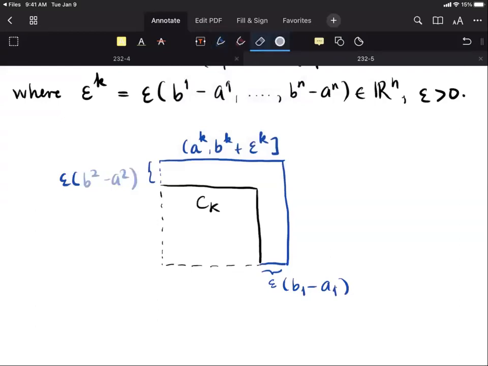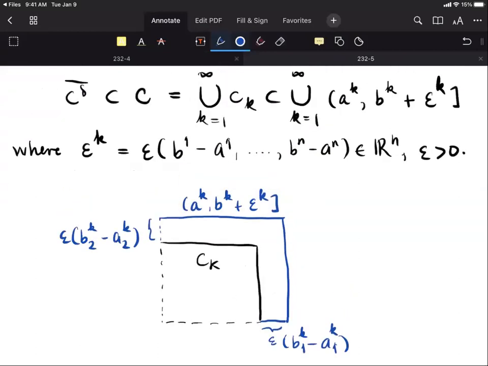So I messed up with the superscript. This should be a subscript for components. So this must be B1k minus A1k. Therefore, this should be B2k minus A2k. And let us fix that here.